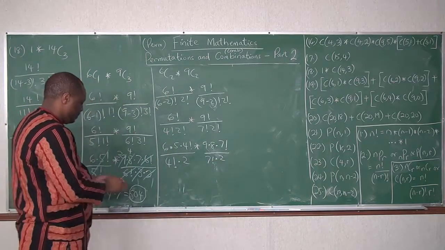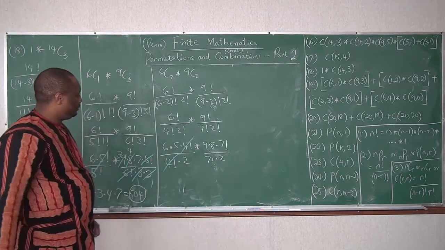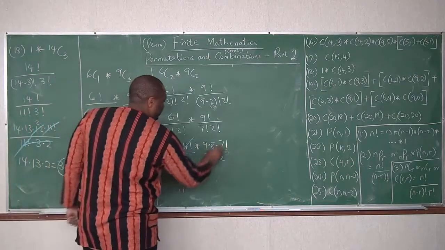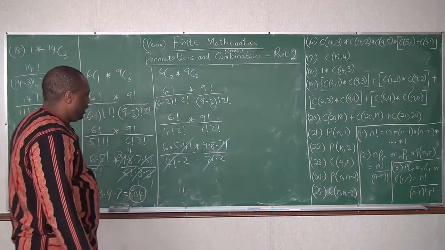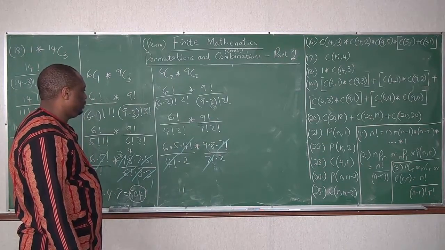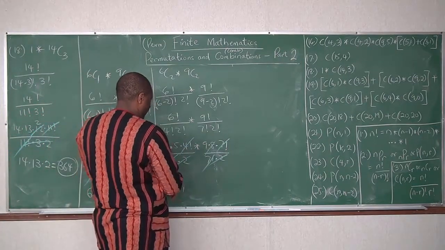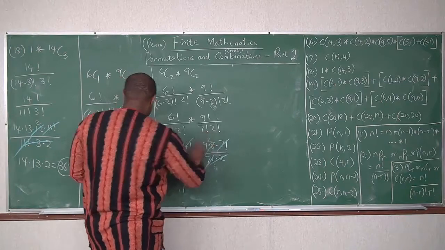Right? Alright, let's cancel out. 4 factorial, that's gone. 7, that's gone. 2 times 2 is 4. Right? So we just do 2 times 2 is 4. And if it crosses out 8, it becomes 2.